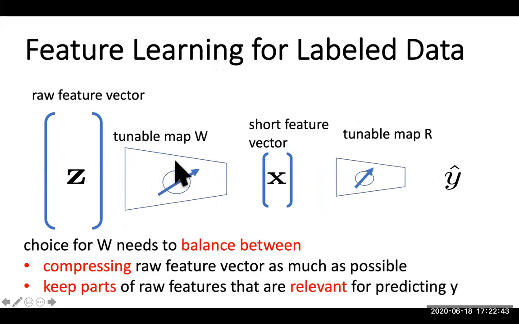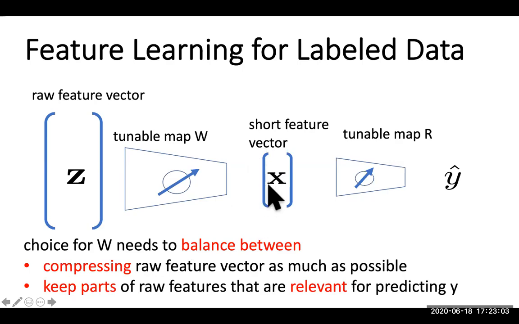And this choice or this tuning of the map needs to balance between two conflicting criteria. The first criterion is the compression factor or the compression rate. So we want to compress as much as possible to get a short feature vector. For example, for visualization, we only want to have 2 feature entries.